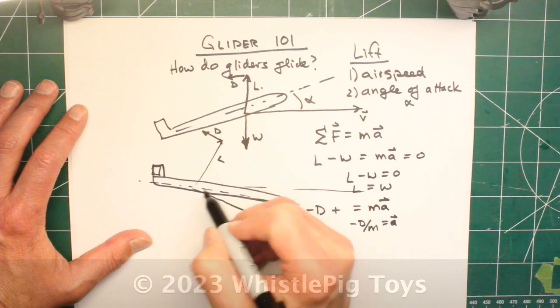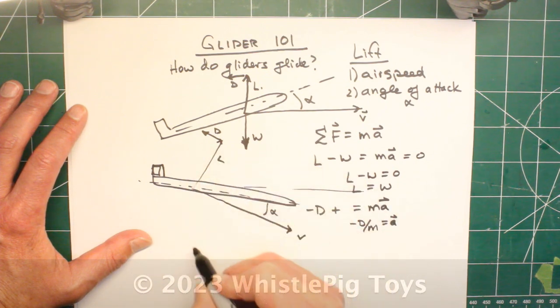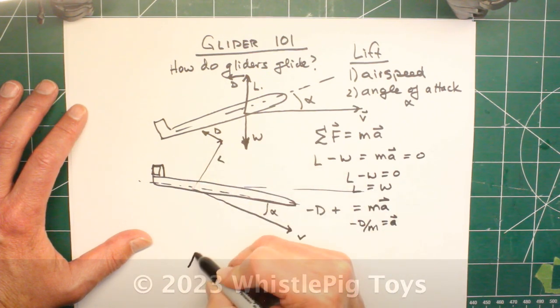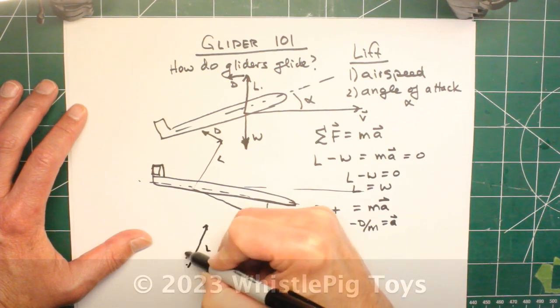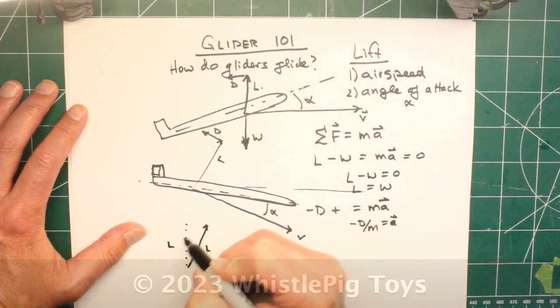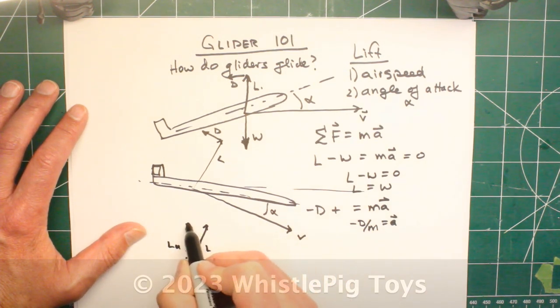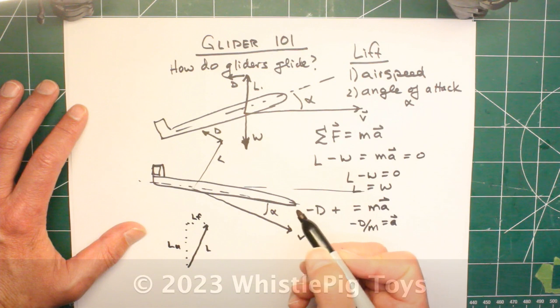We can actually look a little more closely at this lift vector, and the vector just means something with a direction. So let's look at this lift in detail. We can see that some of the lift is pointing up, and some of the lift is pointing forwards.